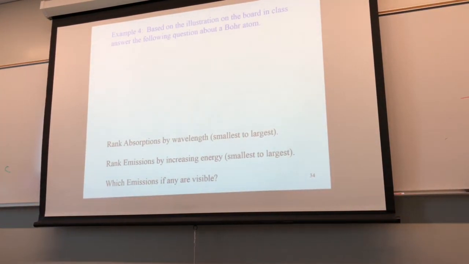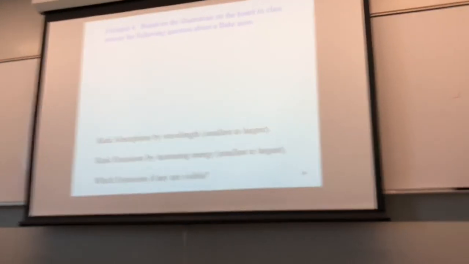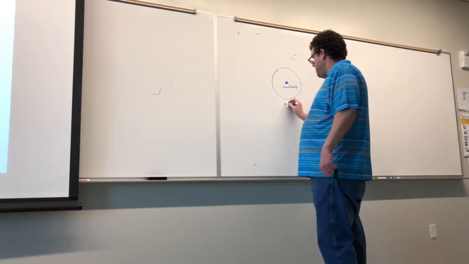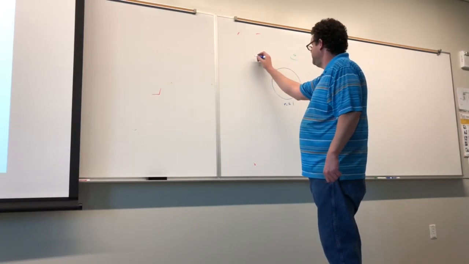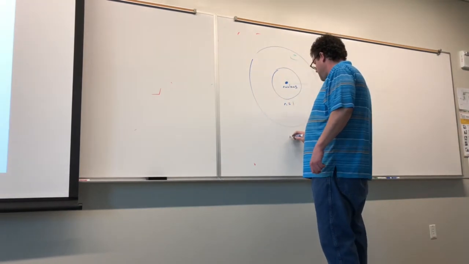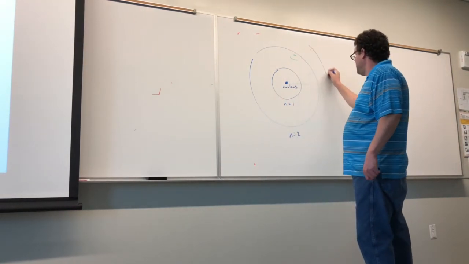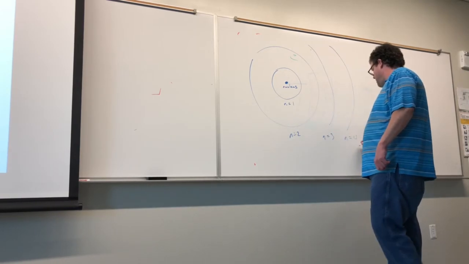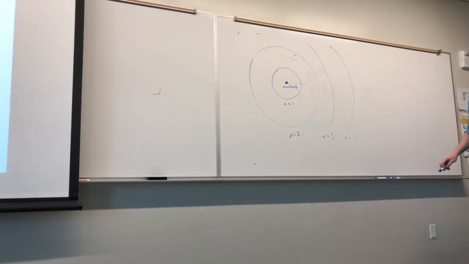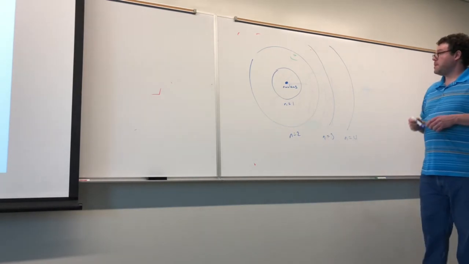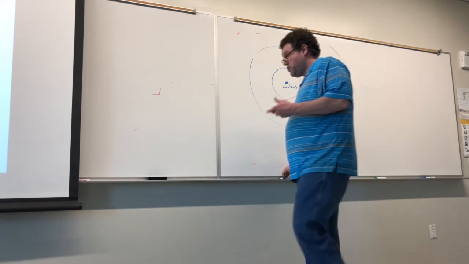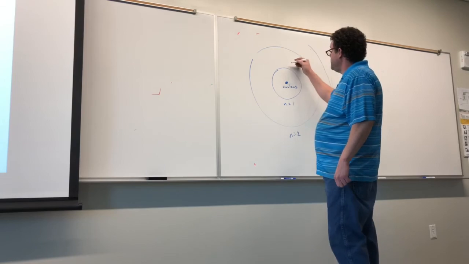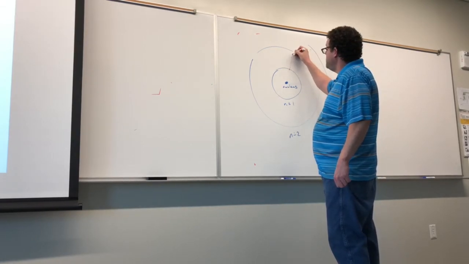Okay, so here's a Bohr atom. We've got a nucleus. We're going to have some shell 1, 2, 3, 4. So I'm going to have a transition that's going to go, let's say, from here to here.